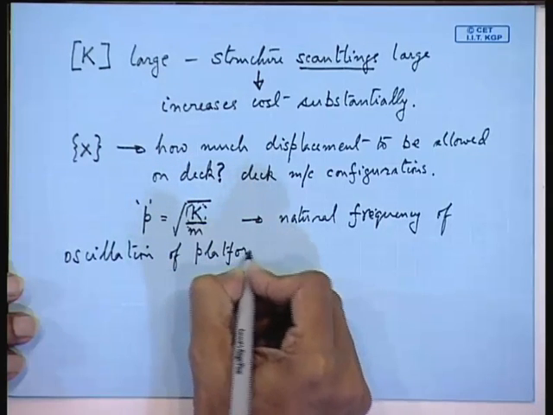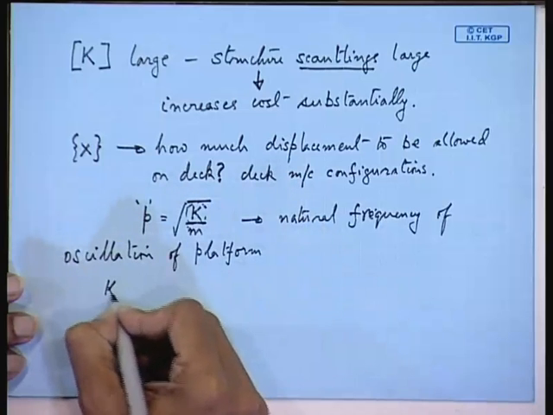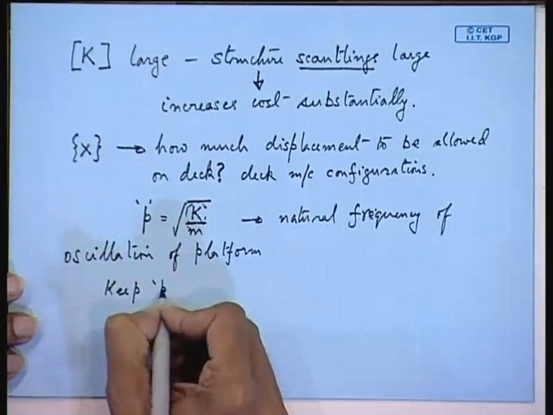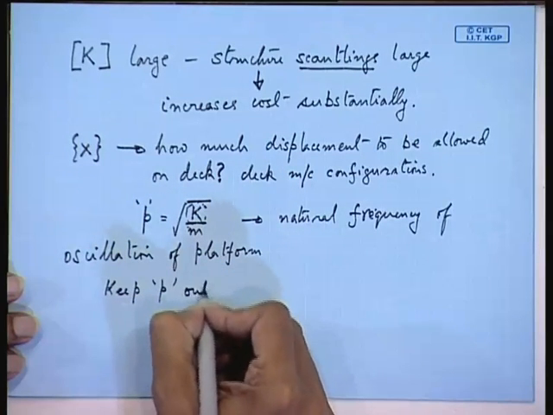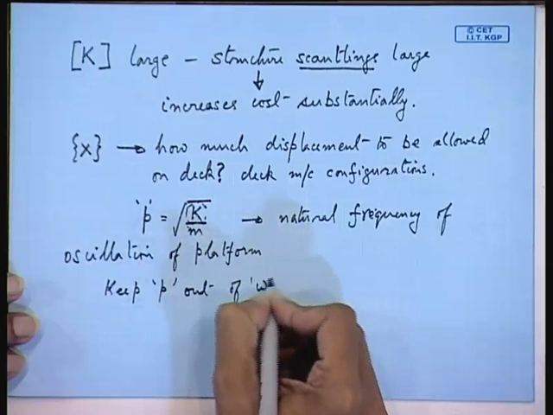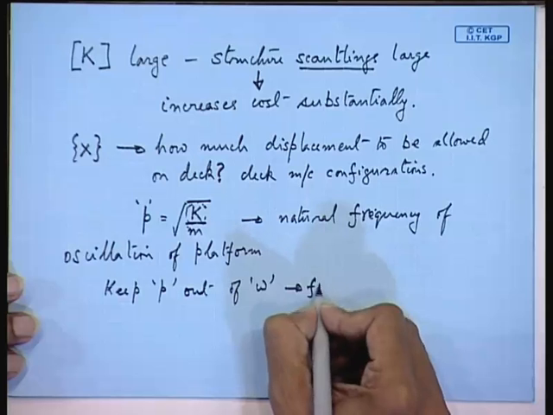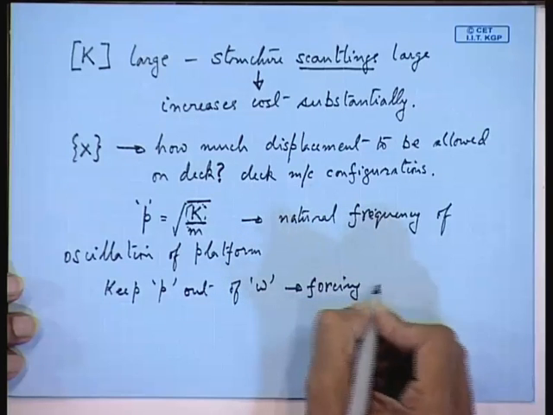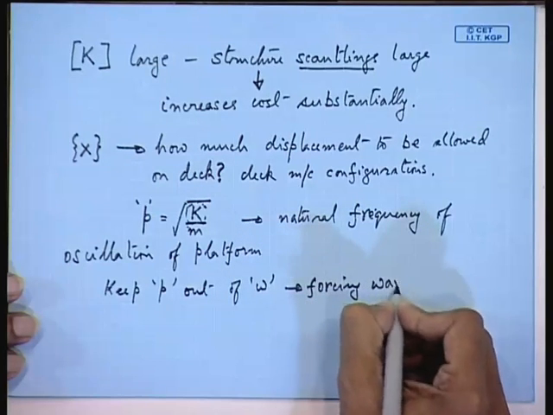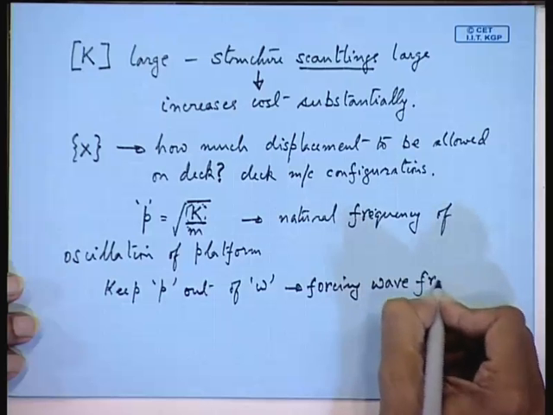Now, this you keep p out of omega, that is the forcing frequency. Rather you write forcing wave frequency.